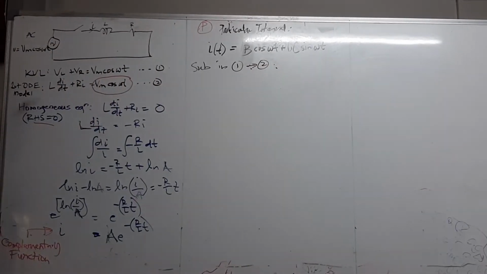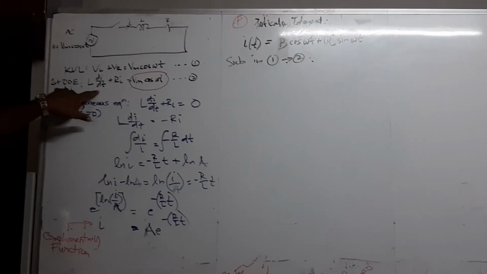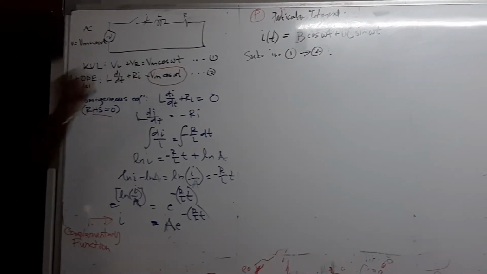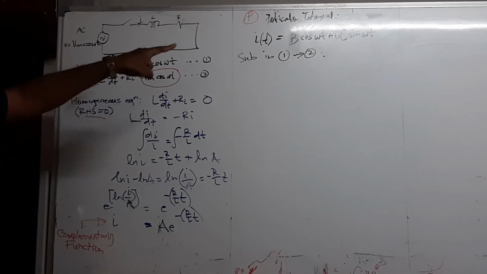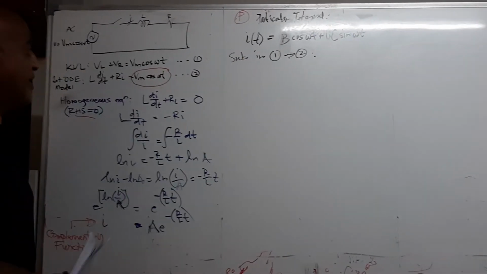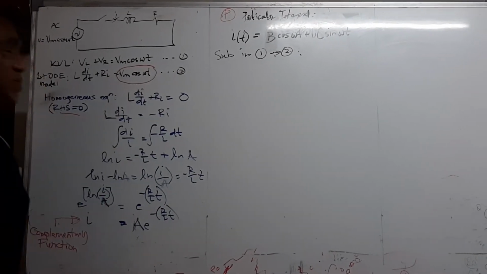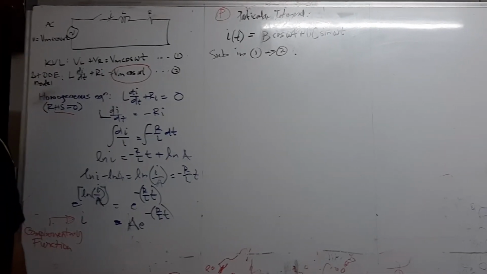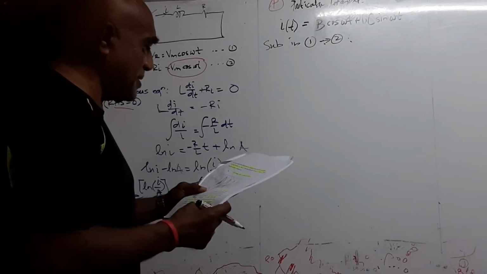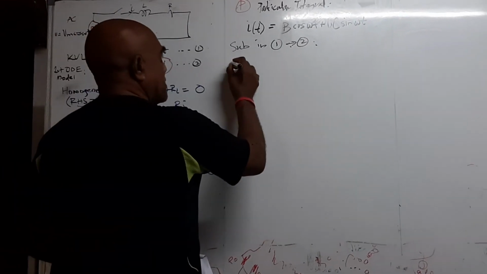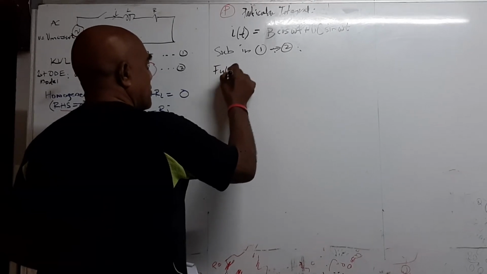So you will then have L di/dt, so you differentiate that, plus R times i, which is just R times that, equal to Vm cos omega t. And I'll leave that to you as an exercise.